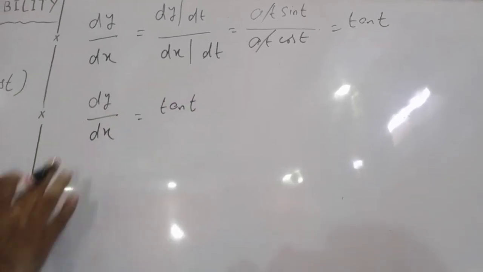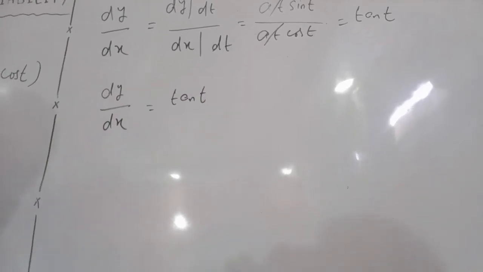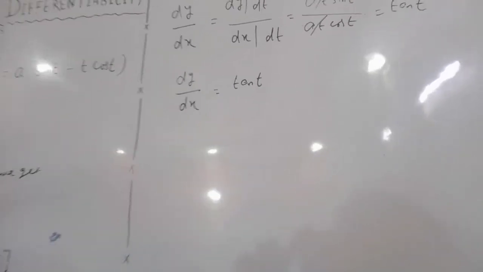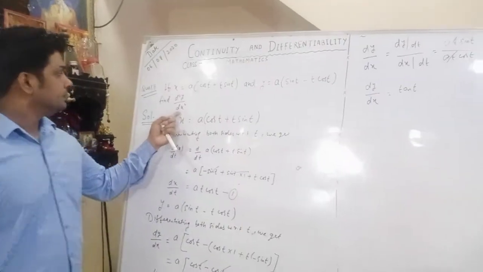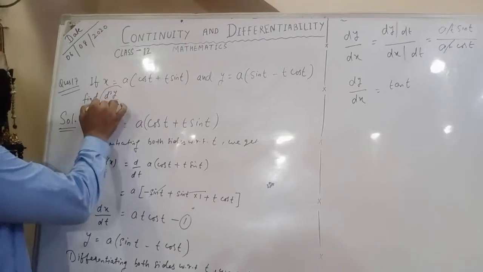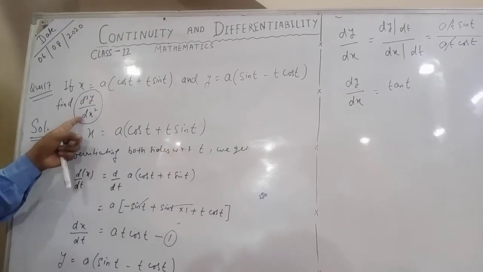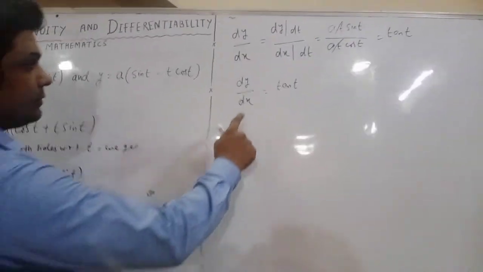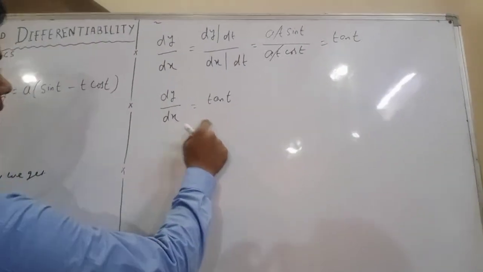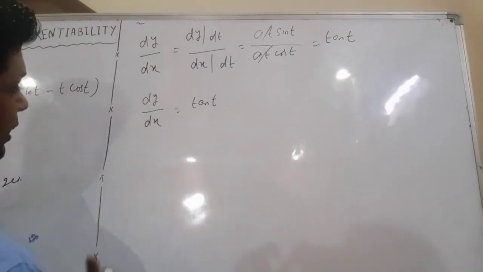This is your first order derivative, but as you know that you have to calculate the double derivative. Okay. So to calculate the double derivative, what I am doing here, I am differentiating this again with respect to x.